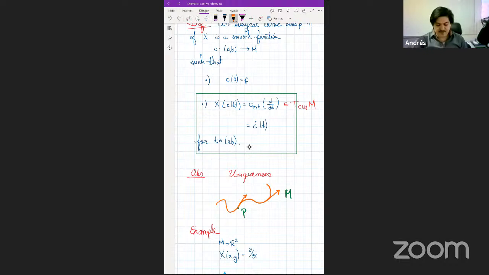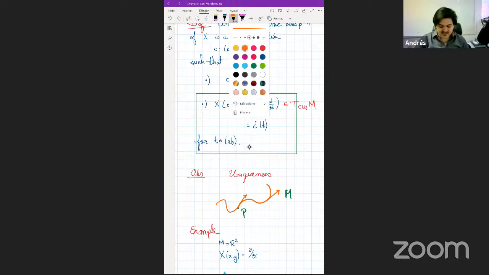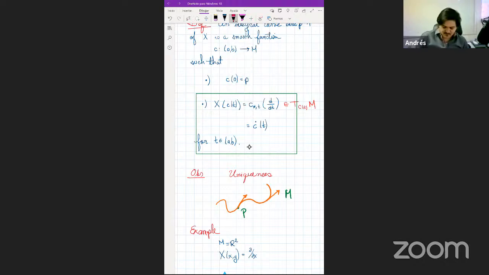The image of the function is a curve on M. So if we change the domain and make it smaller, it will be a subset of that curve. So the image is just a curve. If we change the domain of the function, it will be a smaller one.